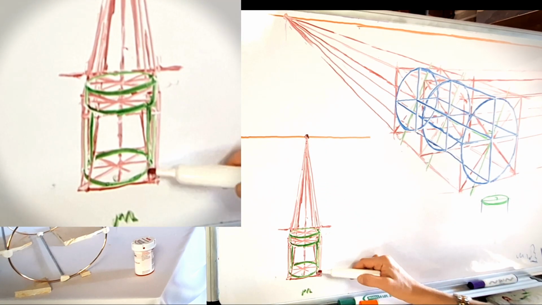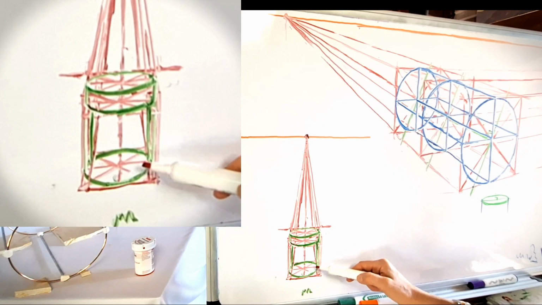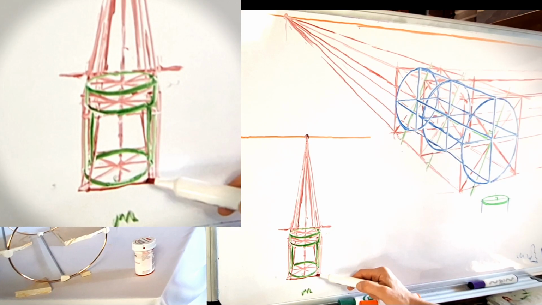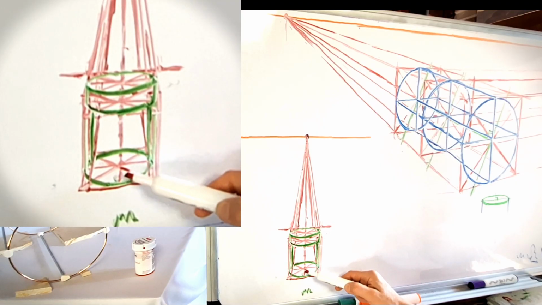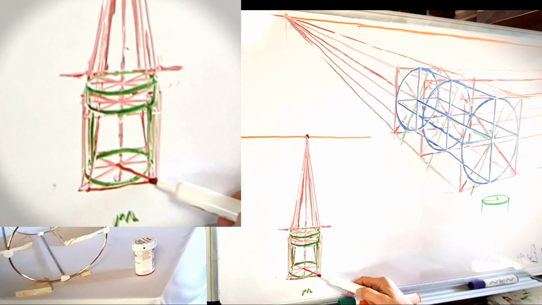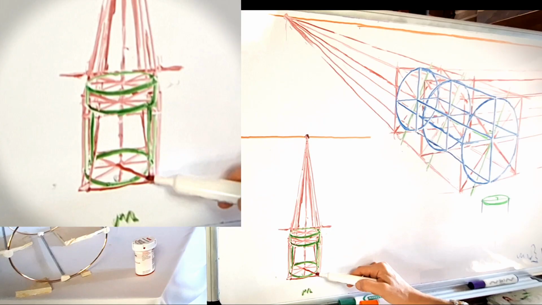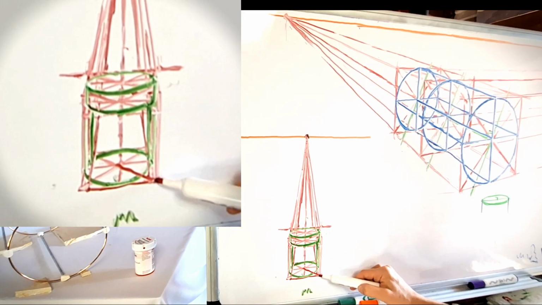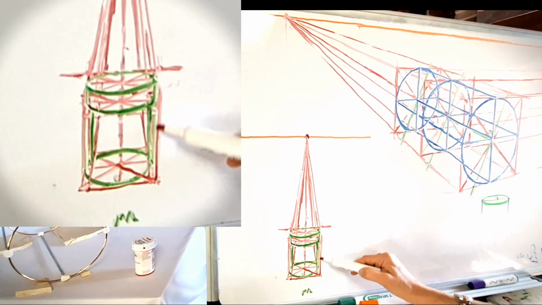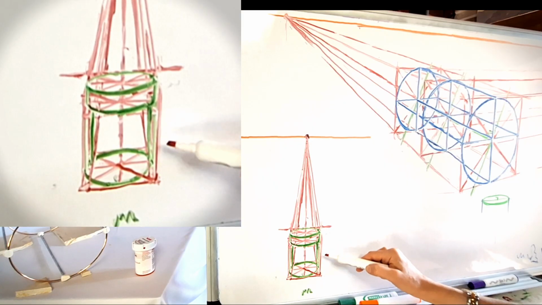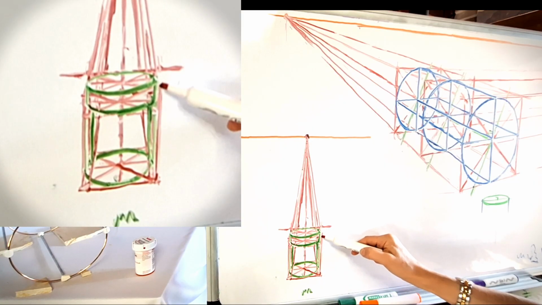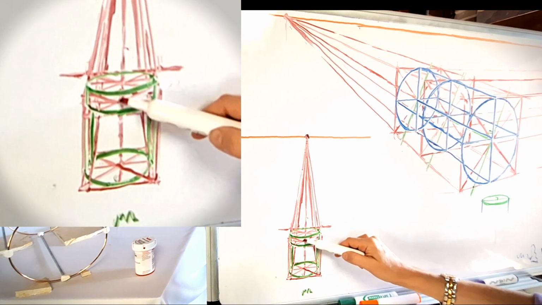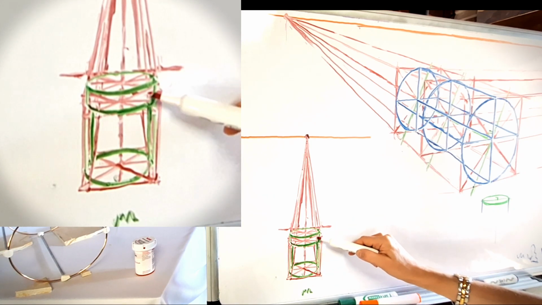So you see how we now have a smaller box within it, but we have to shave it off right at this intersection. So where this diagonal comes to this corner, nope, a bit lower, right here.